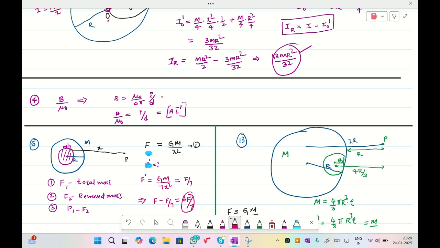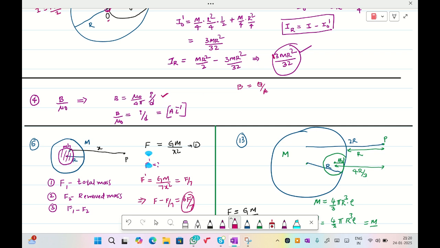So we know, according to the magnetic field, there are many formulas. B is equal to phi by area, flux by area. Then why we have to take only this I by d? So I is a fundamental quantity and d, meter, is also a fundamental unit.